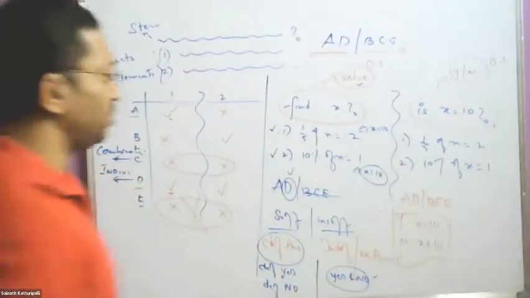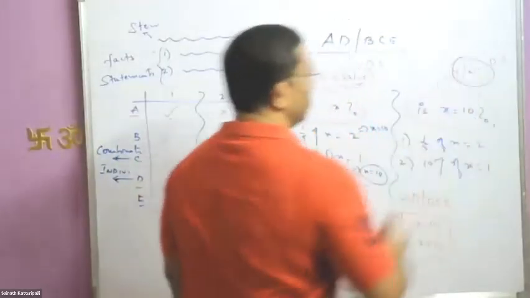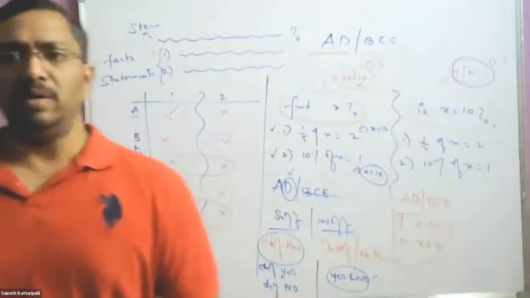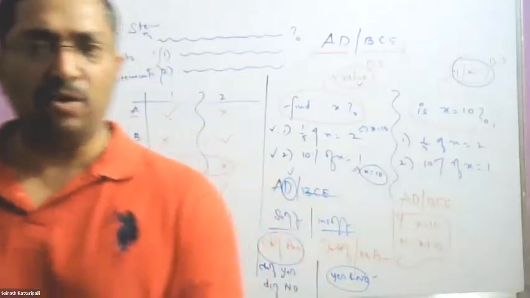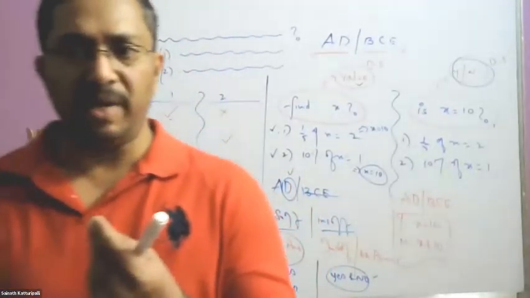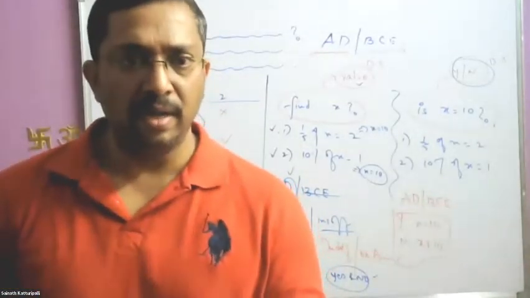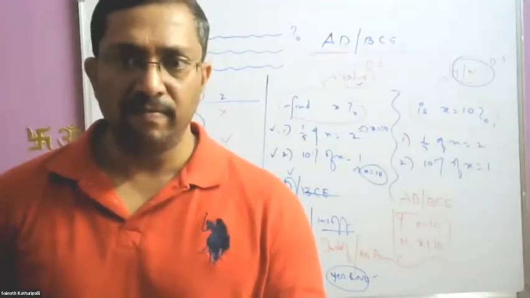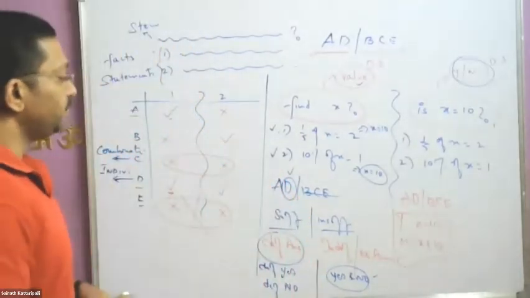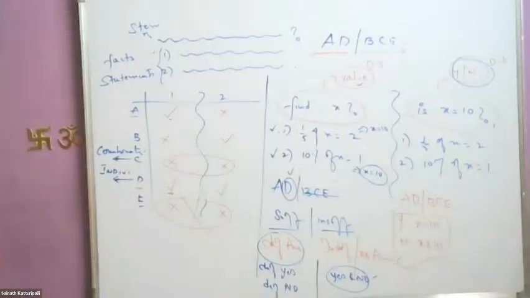Normally to these questions you have only two answers, either yes or no. So when you get both yes and no from the statement, it is to be considered insufficient. Followed? Any doubt up till here? Clear? Take a quick note of it.